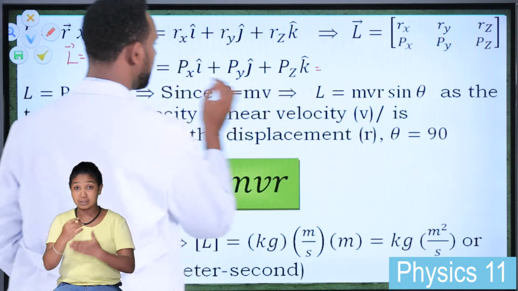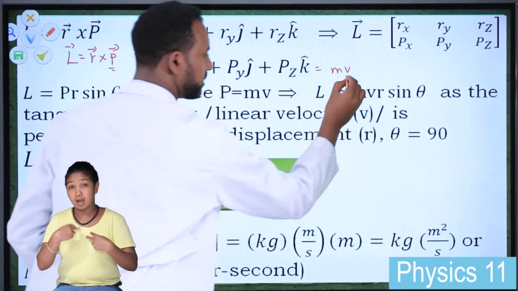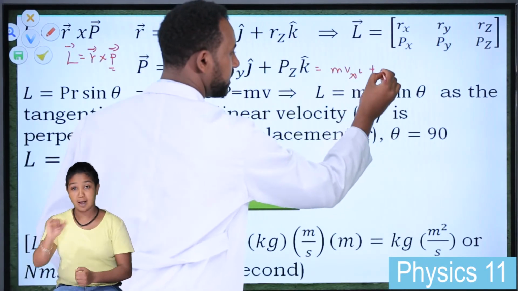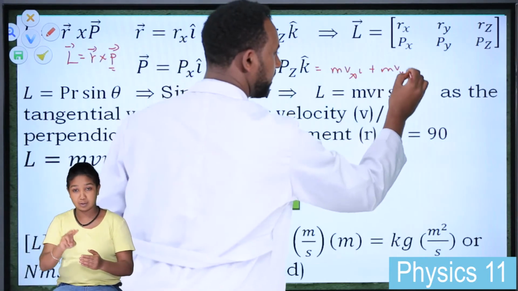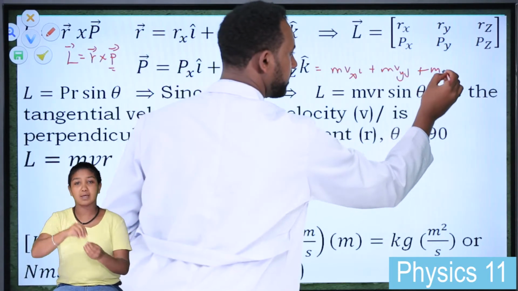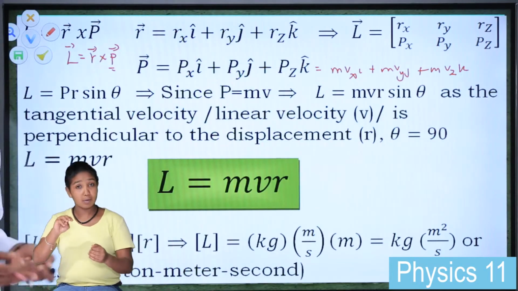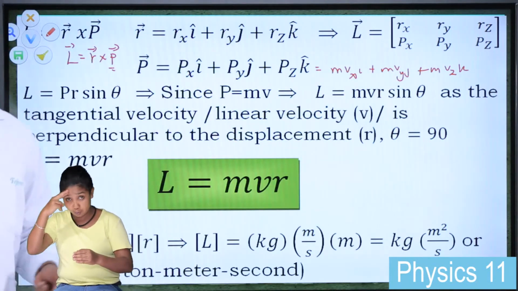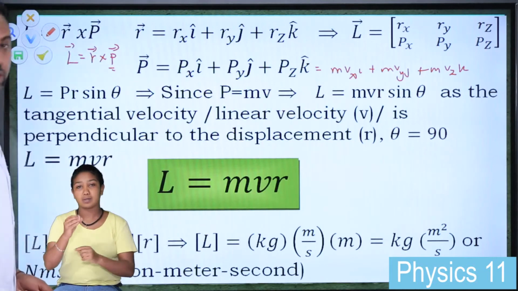This means the mass remains the same, but the velocity might have components: the velocity along x, Vx in the i, plus m, the velocity along y in the j, plus m, the velocity along z. Mass has no component since it's a scalar quantity. The only quantity is due to the velocity. Velocity is a vector quantity, so it has its component along each direction.